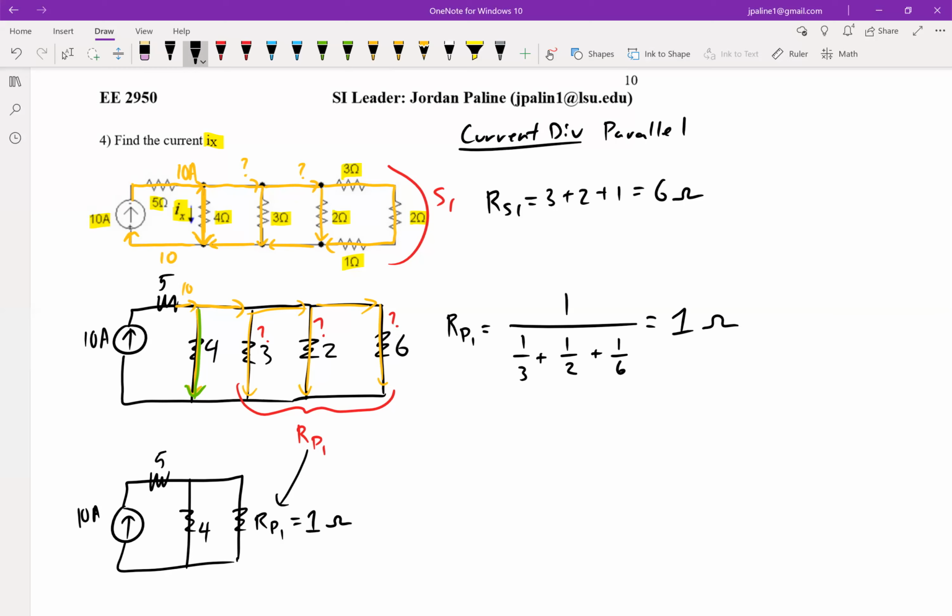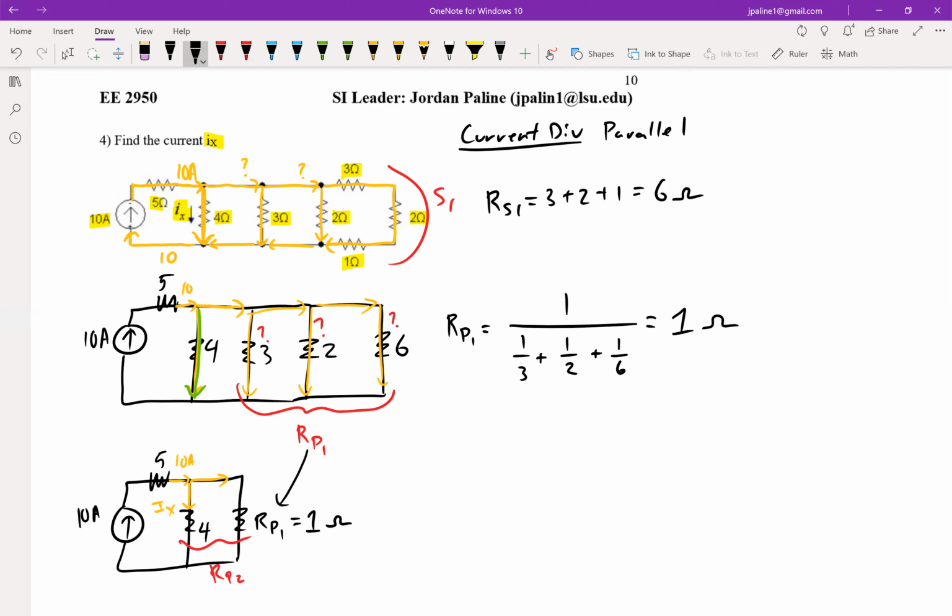All right, so now that's R parallel 1, but to find out what the current is doing, that 10 amps is still going to break off this way and that way, but this is IX here. So we need to find this R parallel. I'll call that R parallel 2.